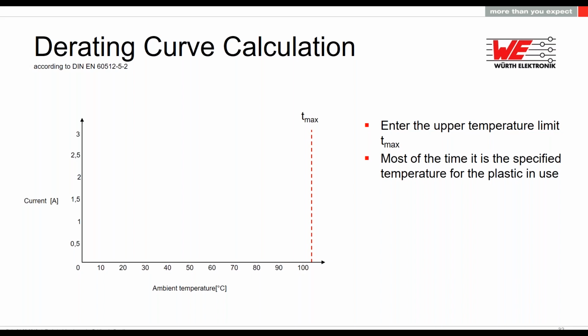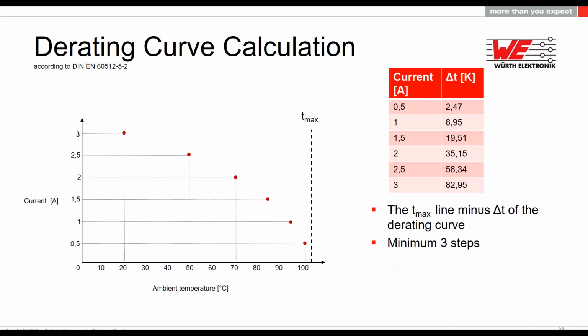At first, of course, we have to know the temperature limit of the part, the upper temperature limit. For us, this is most of the time the limit of the plastics, so 105, 125 degrees, sometimes 85, depending on the part.